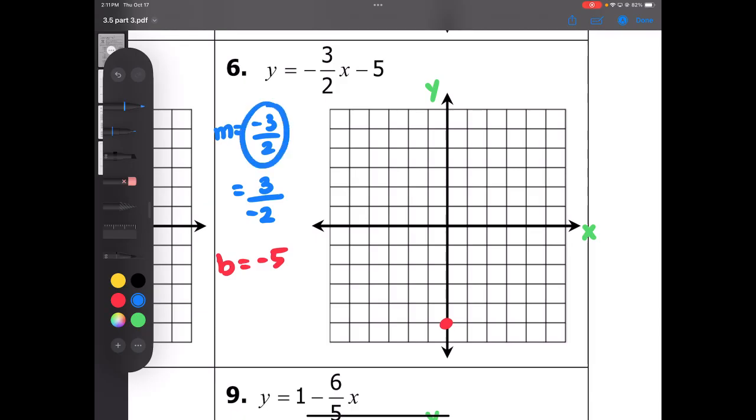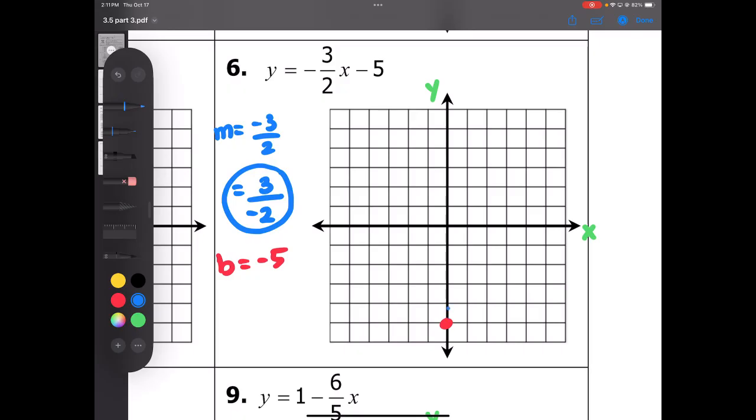Do I have enough space to go down 3? I don't. So you choose. It does not matter. You can do it for everything, even if you have enough space. We'll choose this one because my graph does not have enough space for going down 3.